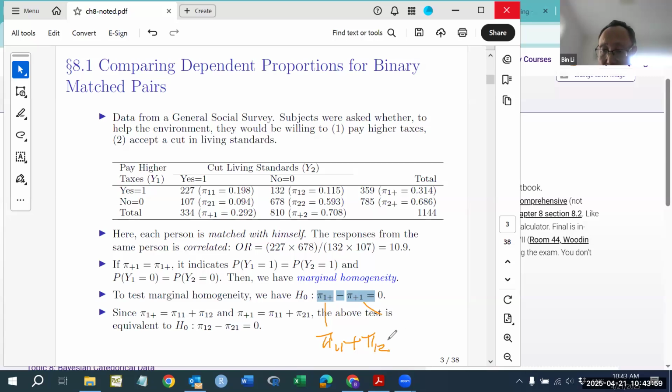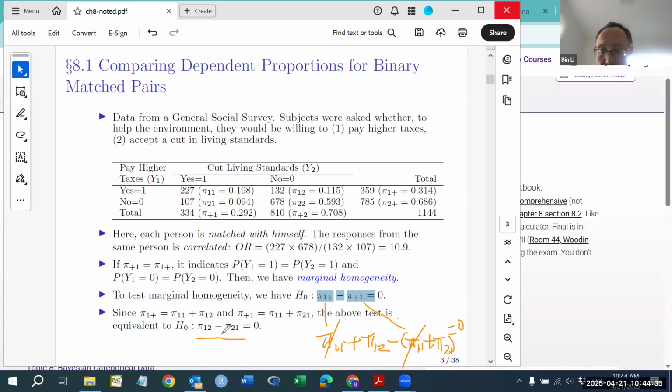Then this one becomes minus parentheses pi 1,1 plus pi 2,1. We want to test whether they equal 0 or not. Then you can easily see pi 1,1 and pi 1,1 cancel out. So this test is equivalent to testing whether pi 1,2 minus pi 2,1 equals 0 or not.